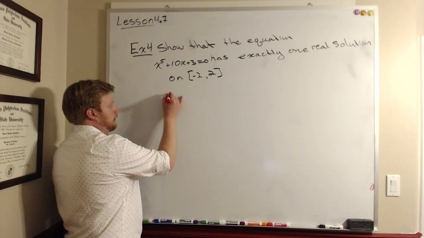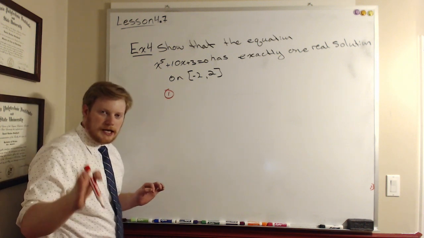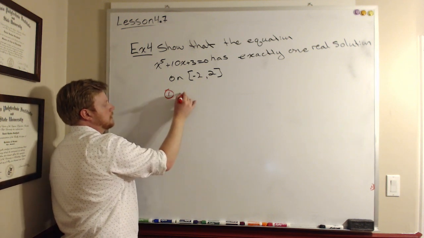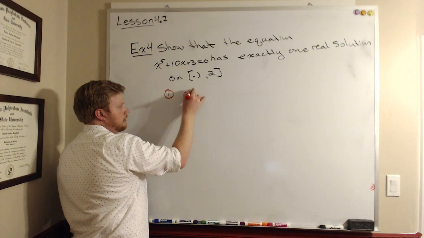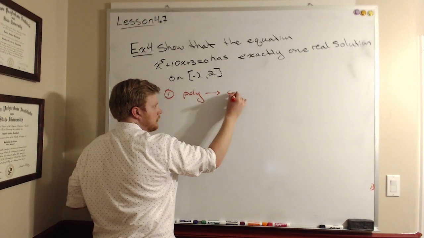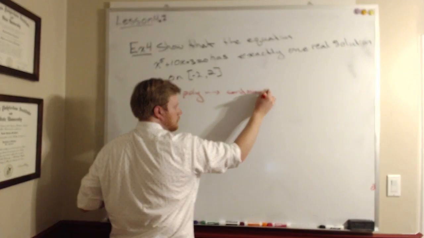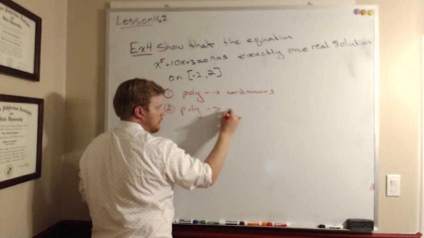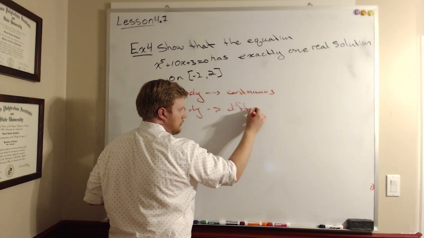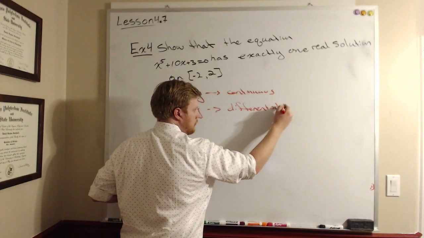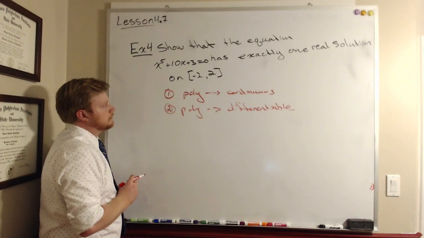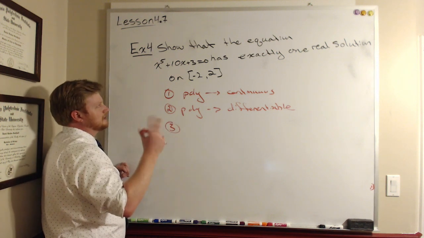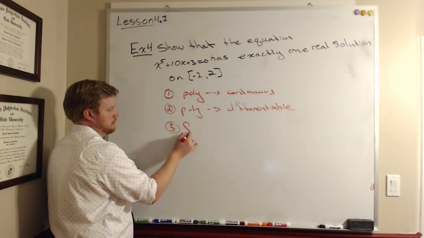Okay? Now, don't forget that we need to satisfy the hypotheses. The first hypothesis was that the function is continuous. It's a polynomial, therefore continuous. Two, it's a polynomial, therefore it's differentiable. And the third thing was I had to look at the endpoints.